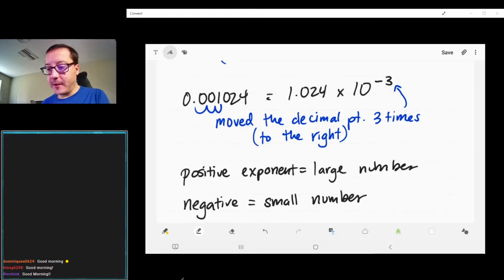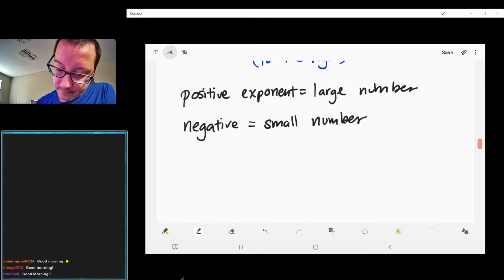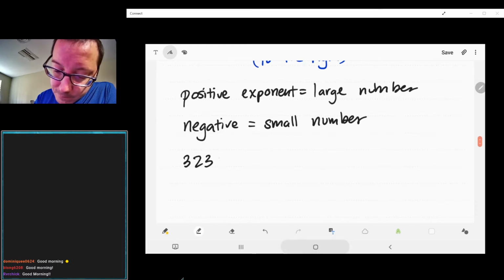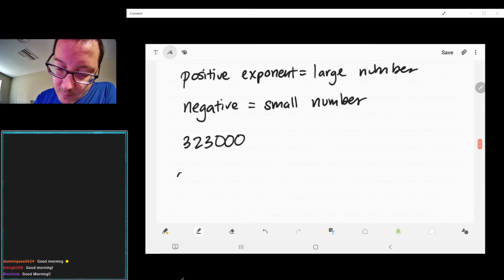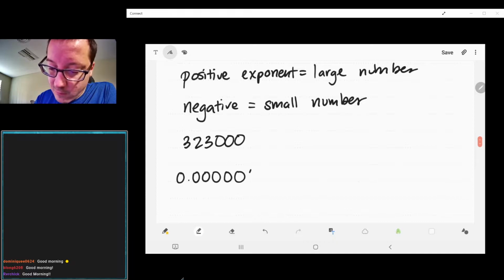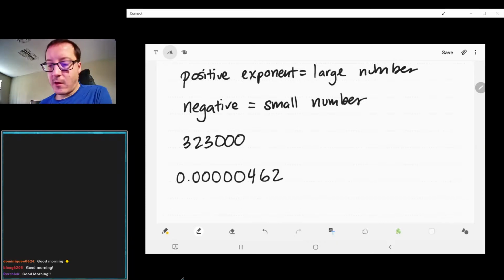So we can go ahead and do a few. Why not? How about we do the number... Let's go ahead and put both of these into scientific notation.